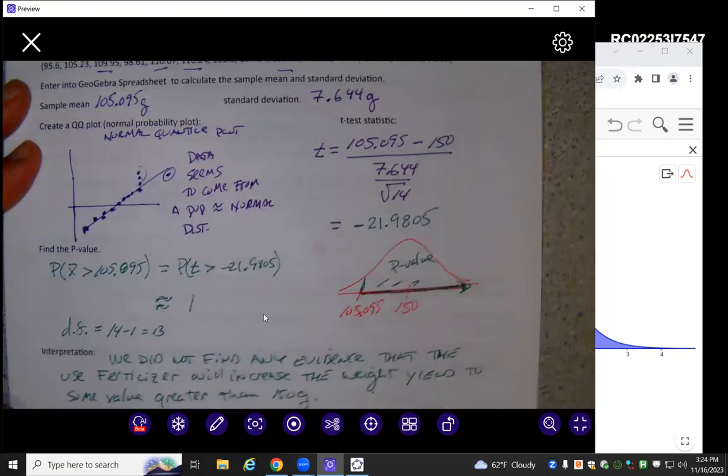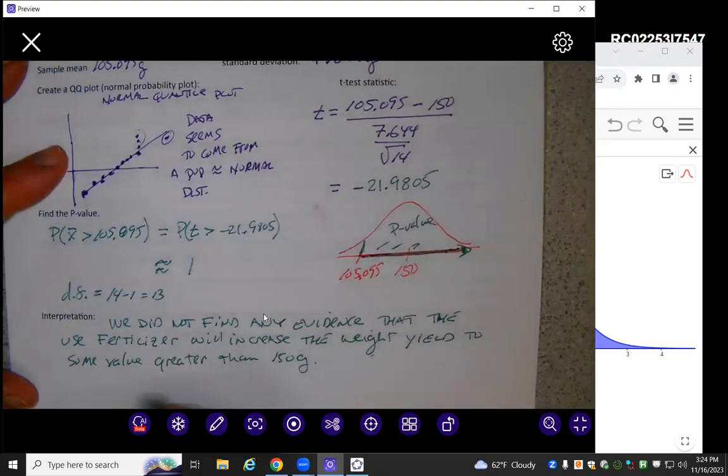So that's really what we have. We failed to reject the null hypothesis.